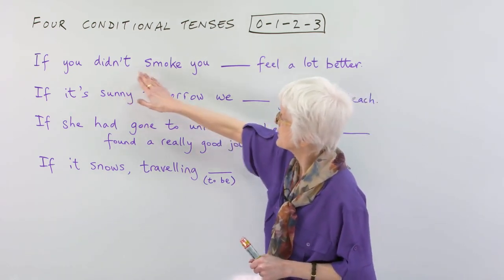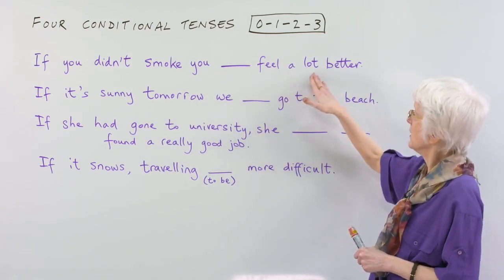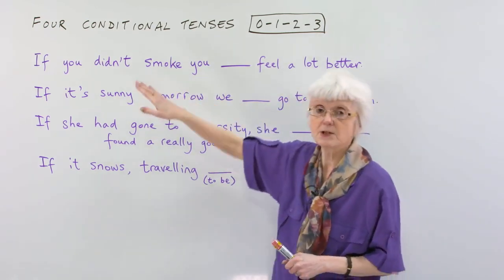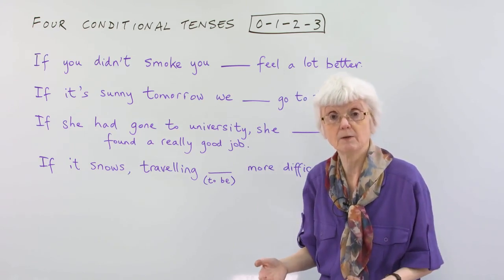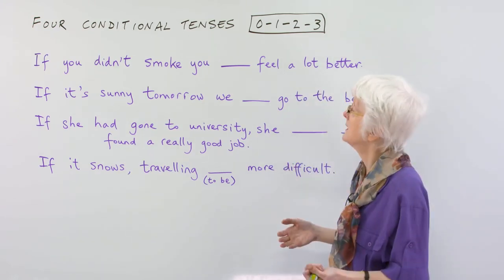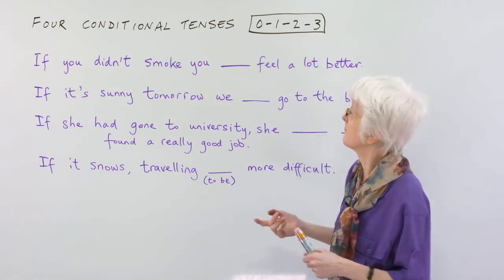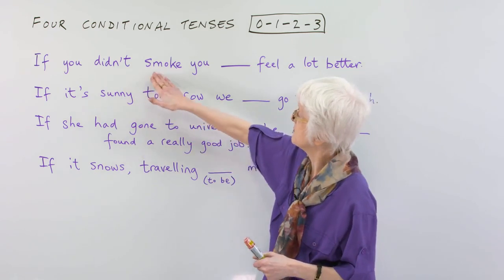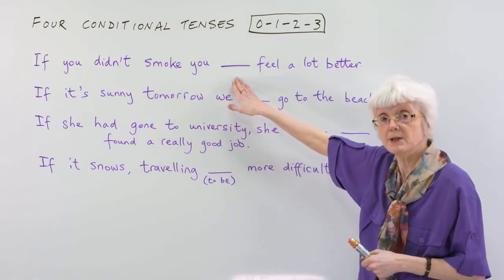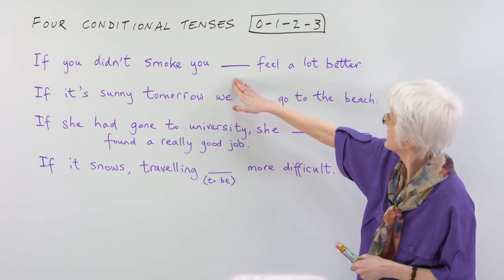If you didn't smoke, you ___ feel a lot better. So this is someone who does smoke, and you're giving them advice. What would it be like if they didn't smoke? Okay, if you didn't smoke, so what's the missing word here? And which conditional is it?